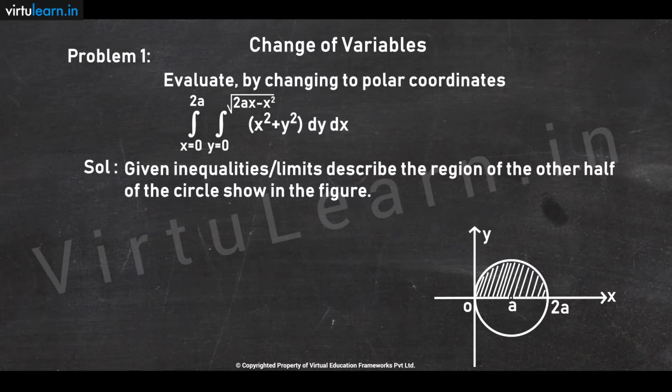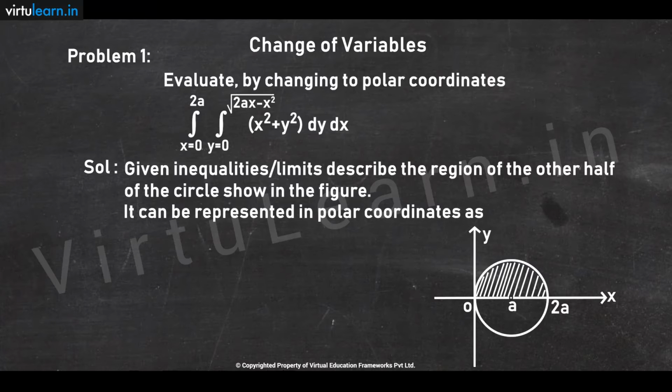So in polar coordinates, the circle can be described easily. So here, by changing to polar coordinates, we will be evaluating the integral. Here, the circle is described by r is equal to 2a cos theta. So the limits for r will be 0 and 2a cos theta. Limits for theta will be 0 and pi by 2.